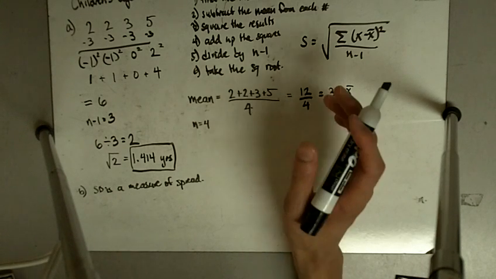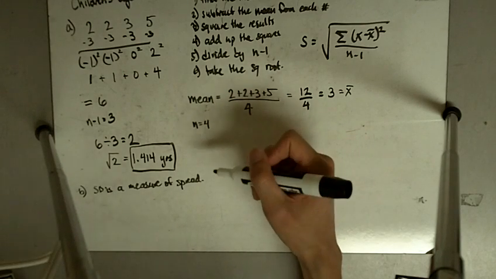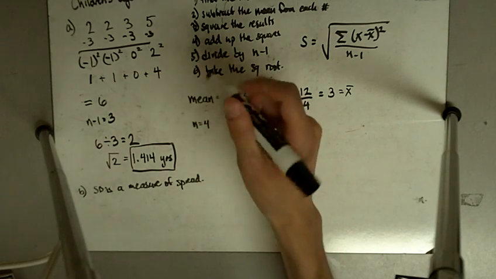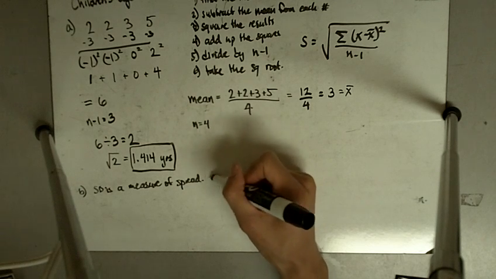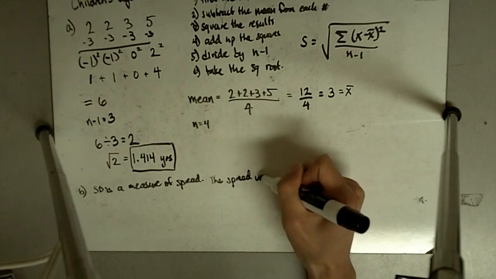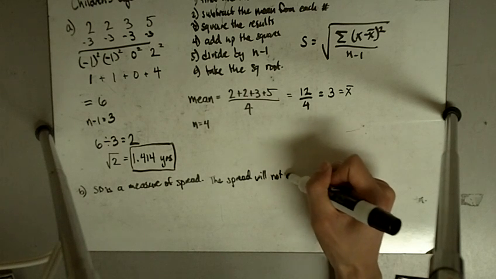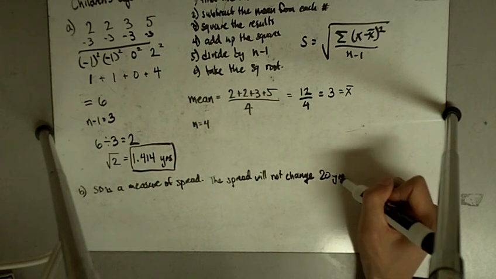These children are going to be 20 years older, but is the amount of spread going to change? No. They're still going to have the same spread, the same spacing between the ages. So the spread will not change 20 years from now.